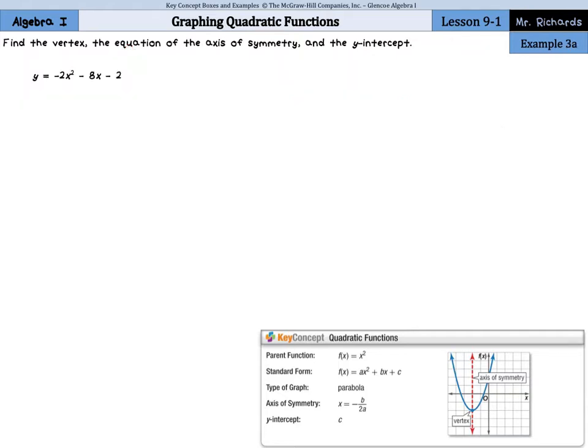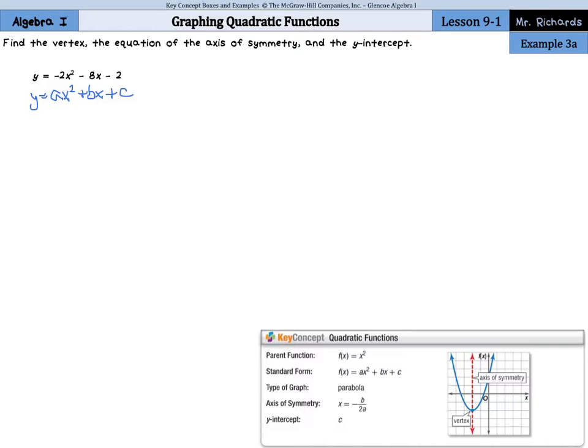In our example 3a, we're asked to find the vertex, the equation of the axis of symmetry, and the y-intercept given an equation and not a graph. Well, if we think about the standard form of a quadratic function, that is y, or f of x, equals ax squared plus bx plus c.